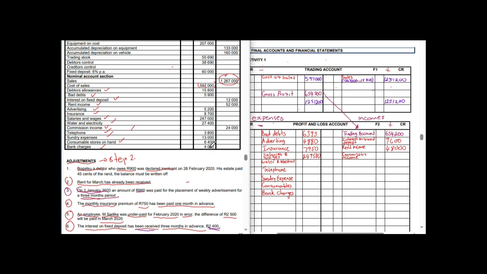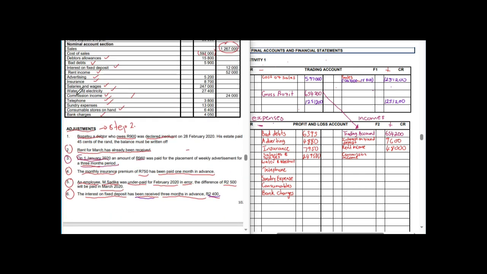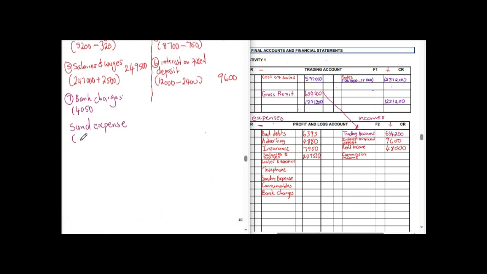It's 4,050, and then we record 4,050. While our sundry expense, it's 13,000. And then we are going to write the opening balance of sundry expense, 13,000.